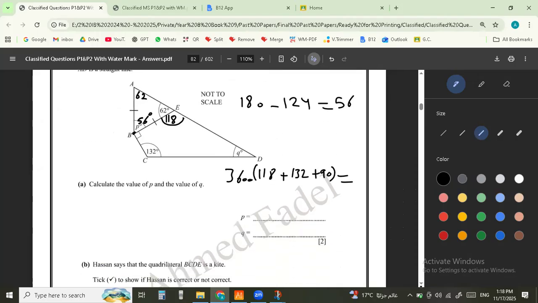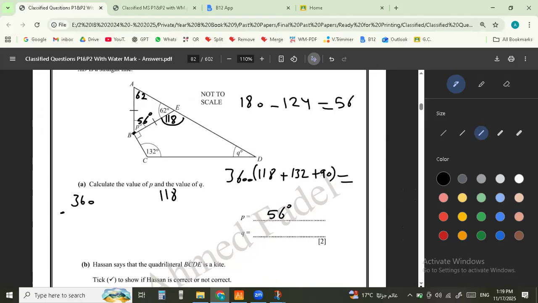Here we agreed that angle P is 56. Mister, I think that I need a calculator to do this. No, you don't need a calculator, just do it mentally because it's paper one. So you're going to need to do 360 minus 118, 132, and 90. You can add them up, put them on top of each other, or you can do it mentally.